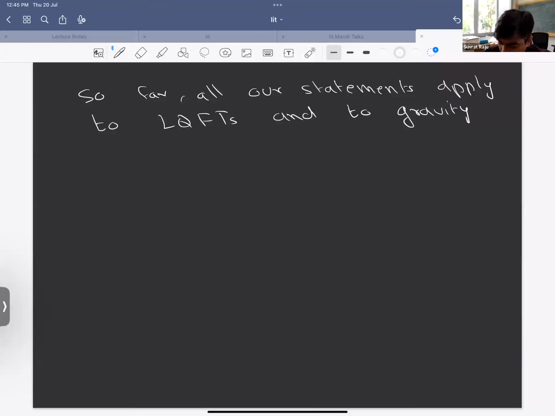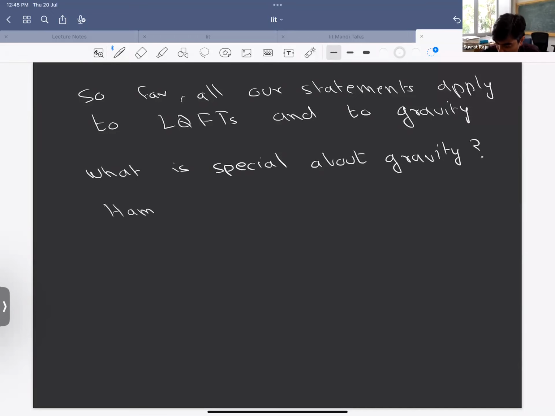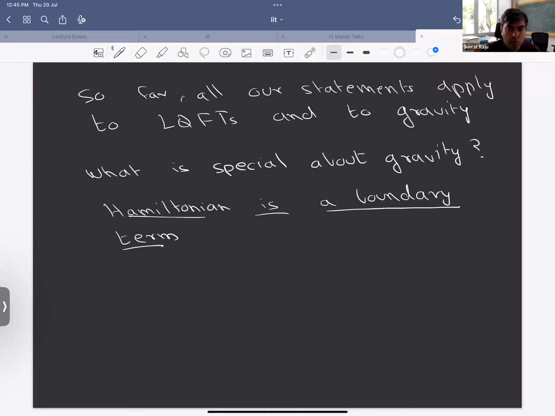Okay, so now what is special about gravity? What is special about gravity is that the Hamiltonian is a boundary term. Let me give you a few perspectives on this, for those of you who are not familiar with this.